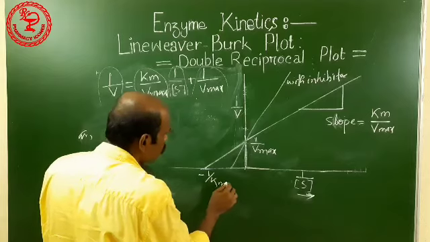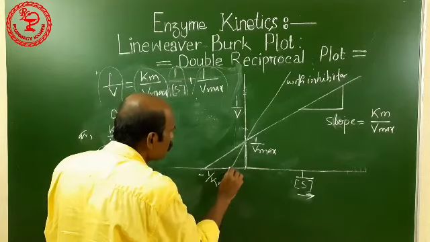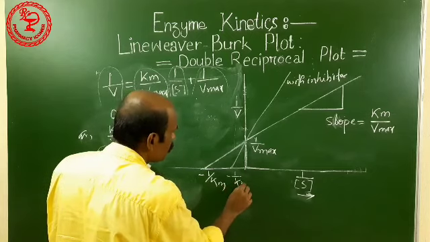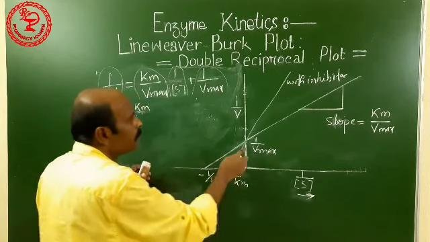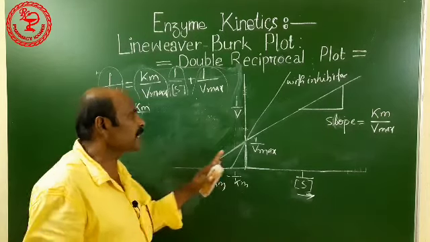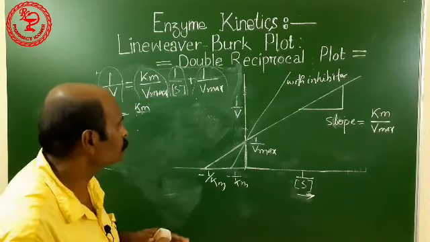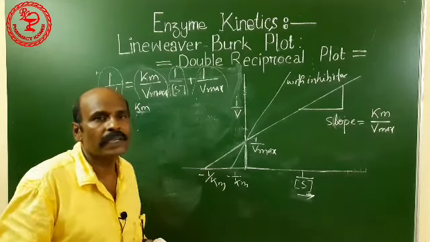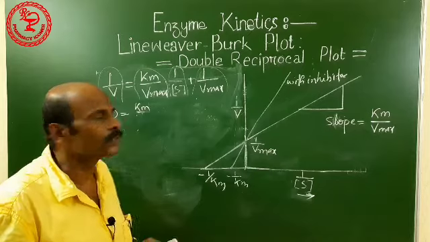So here the Km value changes, minus 1 by Km changes, but Vmax is unaltered. Likewise, by seeing the graph, we can determine which type of inhibition is there.